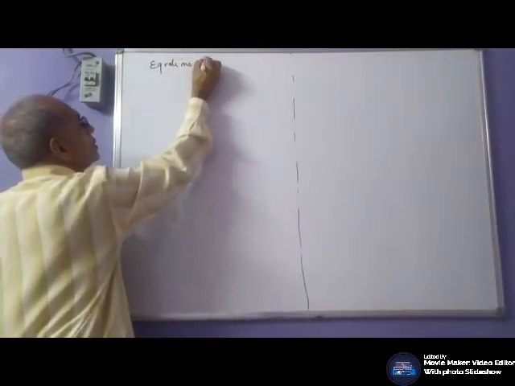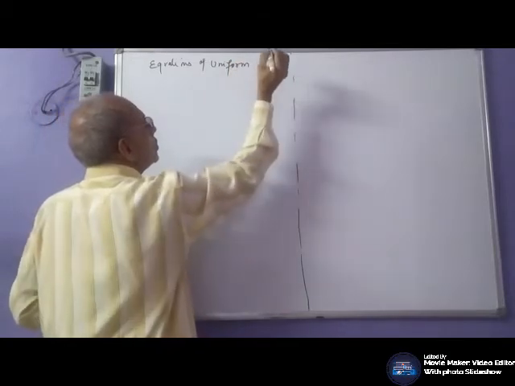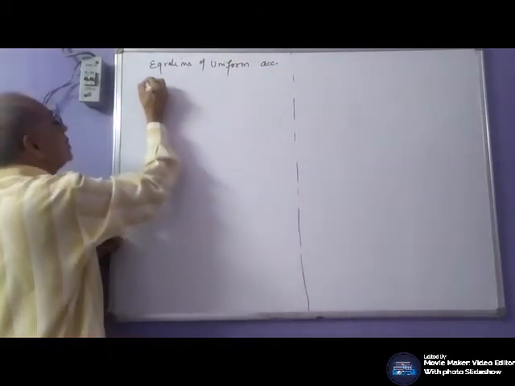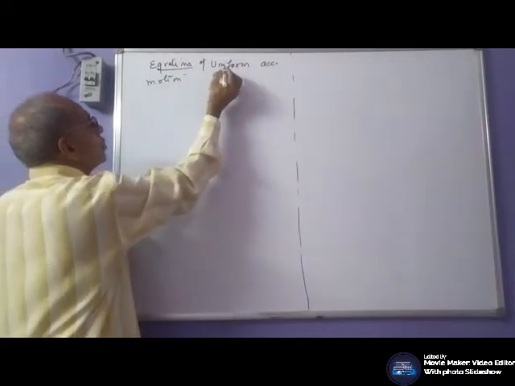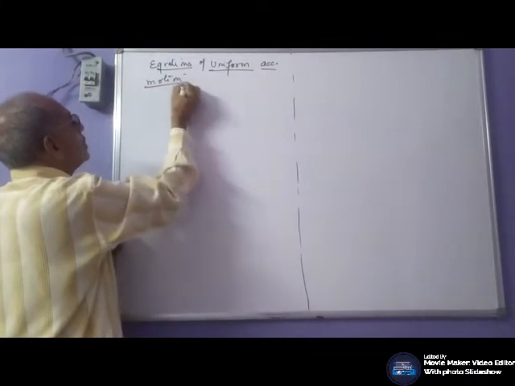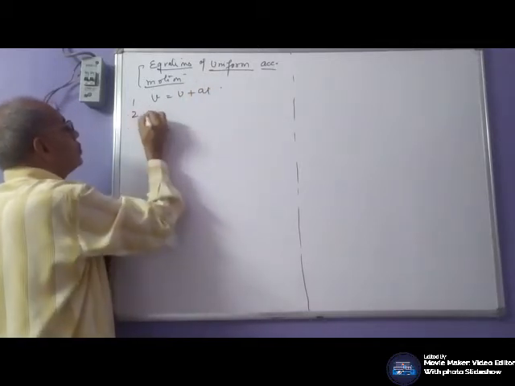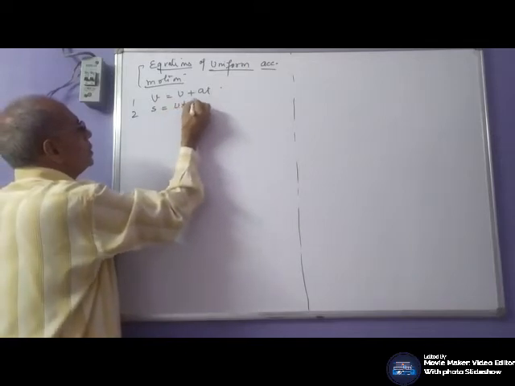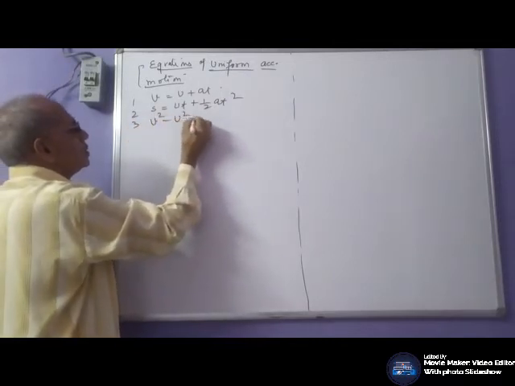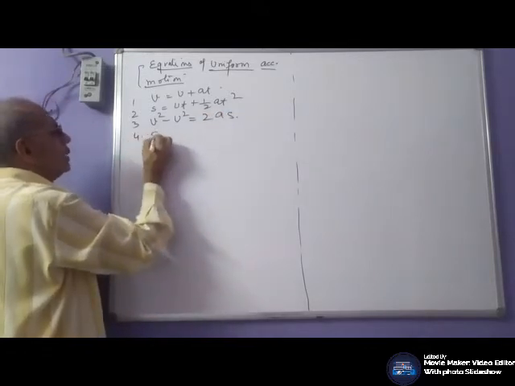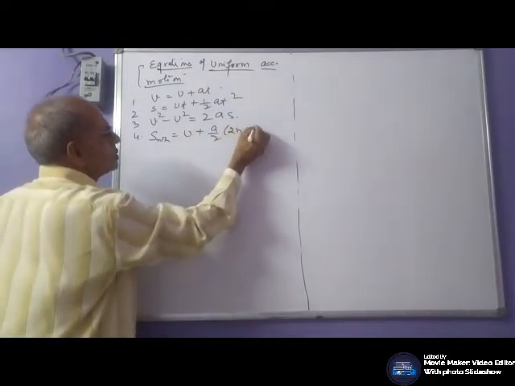Equations of uniform accelerated motion: v = u + at, s = ut + half at square, v square = u square + 2as, s_nth = u + a/2 (2n minus 1).